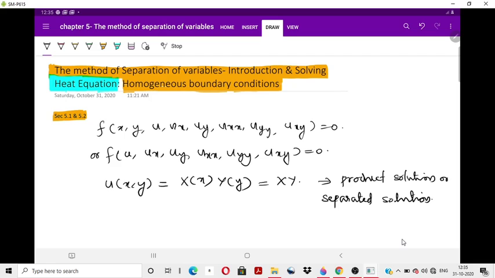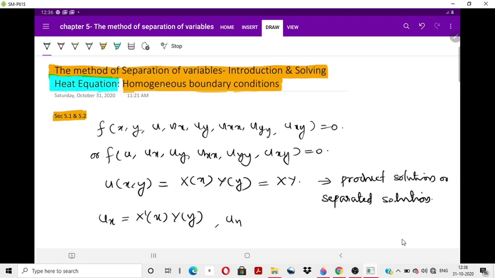Once we assume that the solution is in this form, we can clearly have ux, the first derivative of u with respect to x, as X dash of x into Y of y. Since u is explicitly written as a function of x and y alone, Y of y will be constant when we are differentiating with respect to x. So this is in the ordinary derivative form.